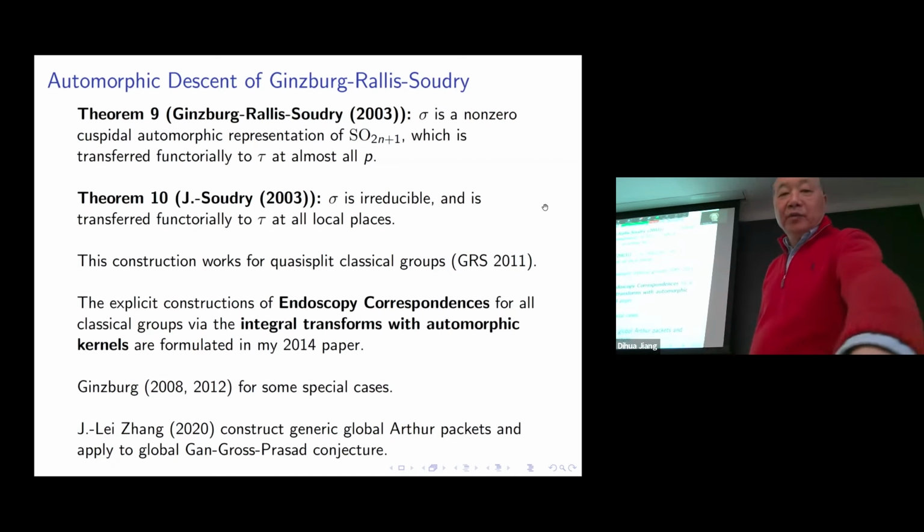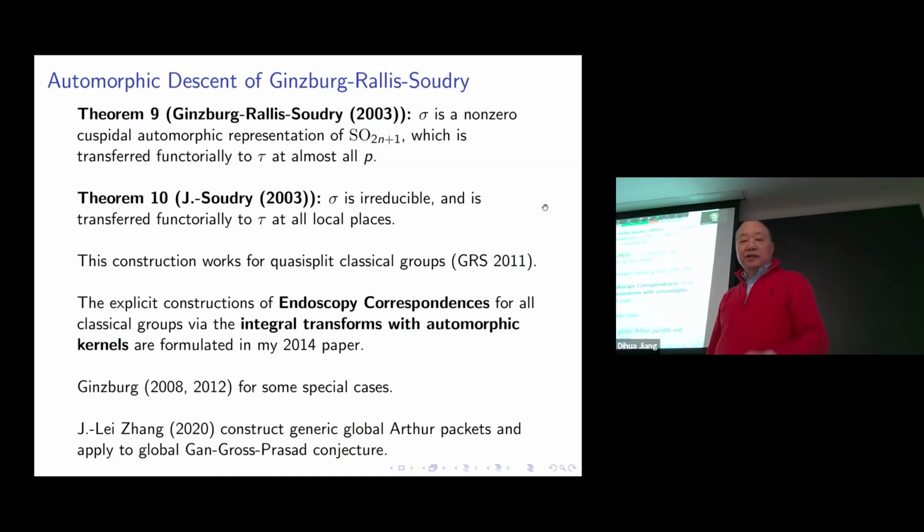And then Soudry proves that this sigma actually is irreducible. This takes a while to prove. And also the Langlands transfer is compatible at all places. That's a lot of work you have to do.